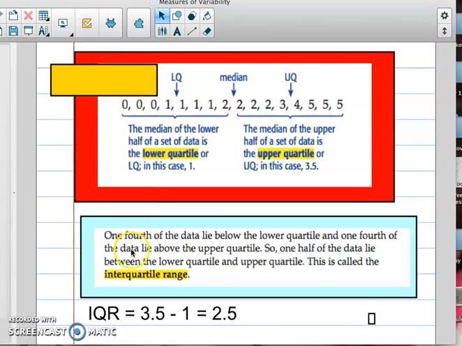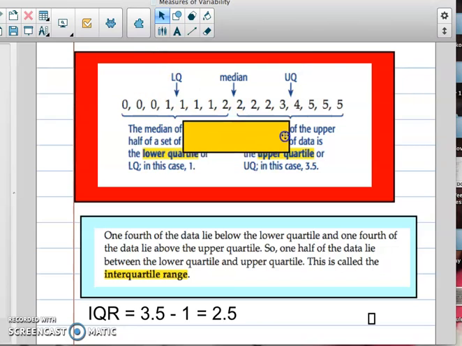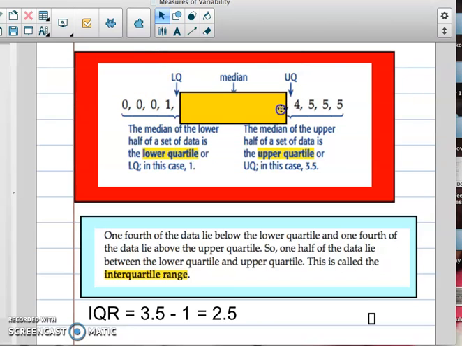So 1/4 of the data lie below the lower quartile, and 1/4 of the data lie above the upper quartile. So if I put this box that I have over here, remember that's your lower quartile and upper quartile. That's your data in the upper quartile, and that is the lower quartile set of data.